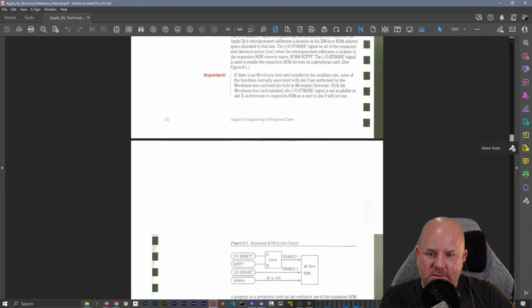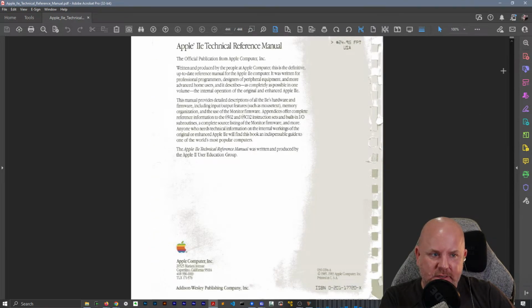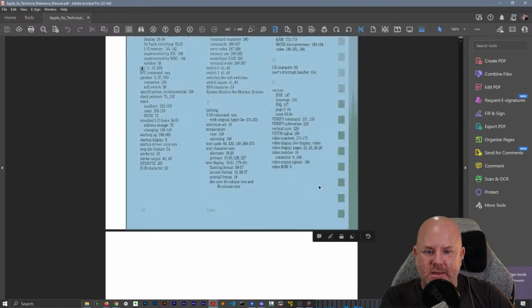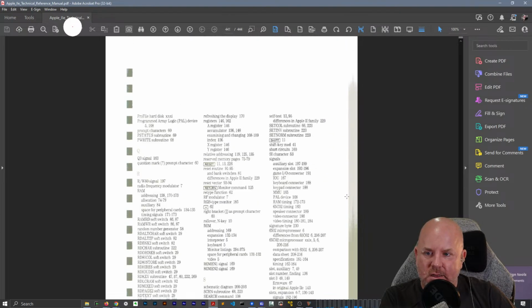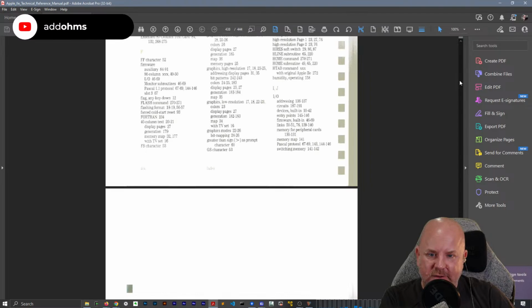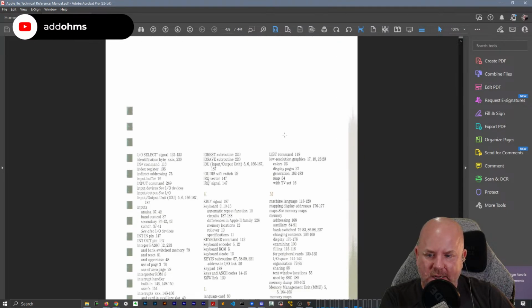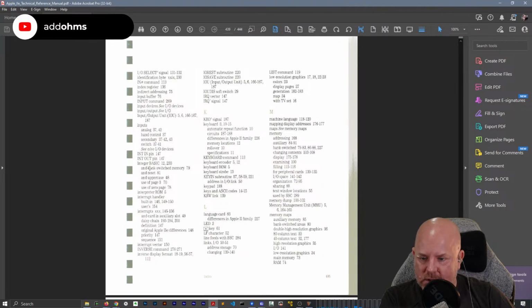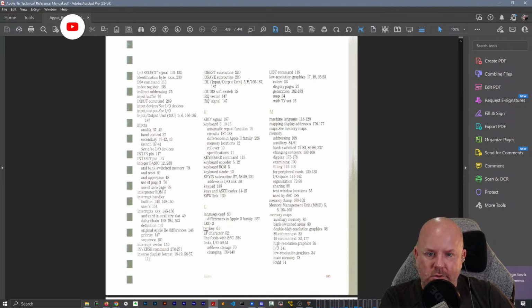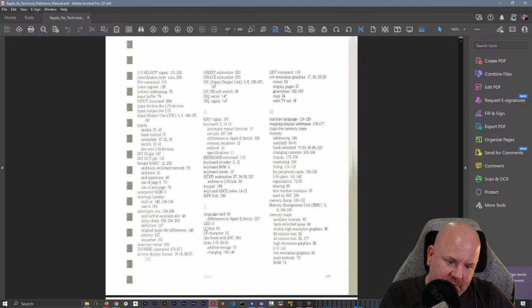Trying to think. So if we go look at the index, what are you doing? Why can't I? I want to know where this should have the IOU pinout. We're doing the IOU, right? I'm in IOU, and I think it's on page 187. So let's see.